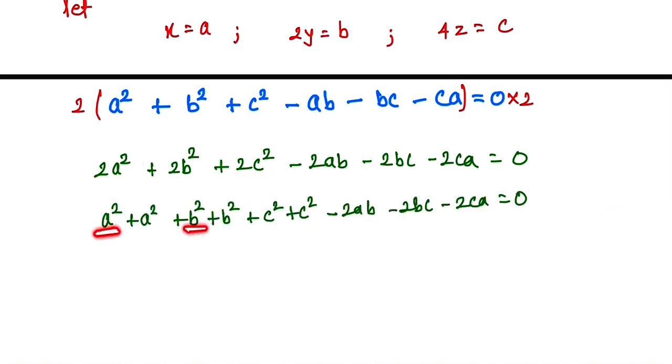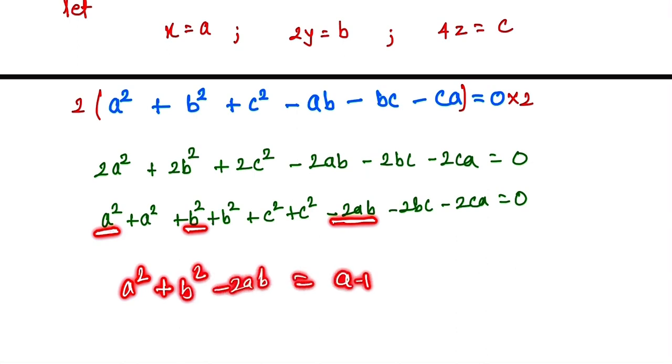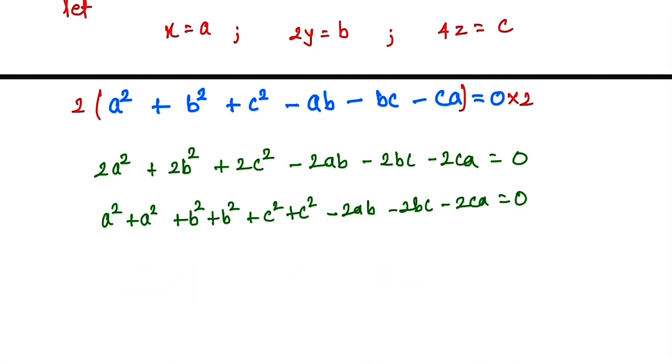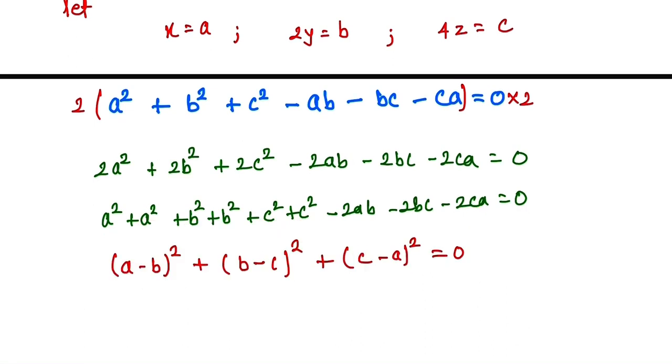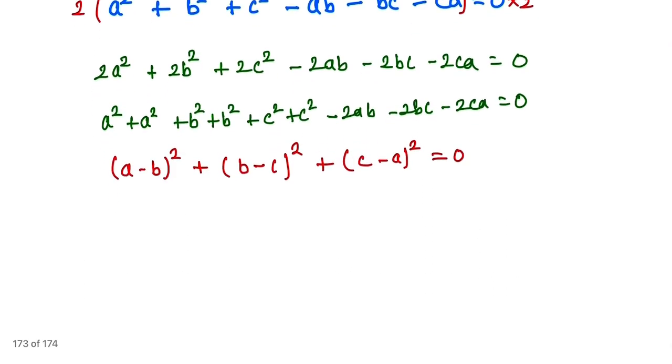Now we notice this part very carefully. Here is a square plus b square minus 2ab, which can be written as (a minus b) the whole square. One a square is remaining, and this one is c square, with minus 2ca, so this can be written by the identity as (a minus c) the whole square, and b square plus c square minus 2bc is (b minus c) the whole square, and this is equal to 0.